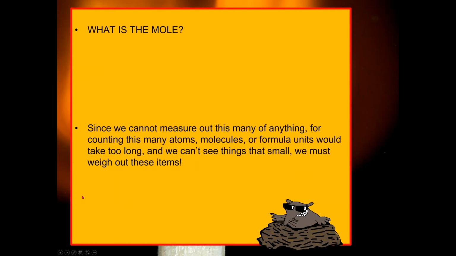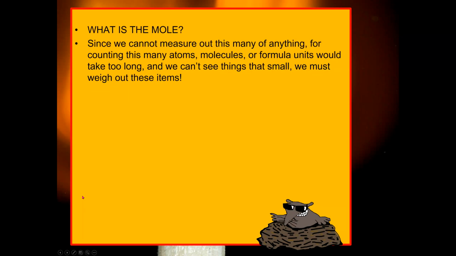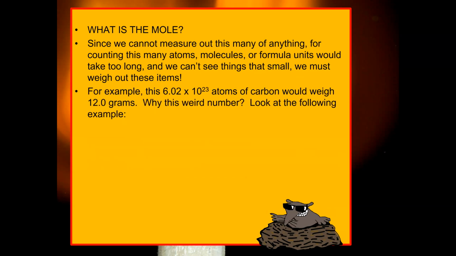So since we're not going to be able to actually measure out this many of anything, counting them would take too long, we weigh out our items. So if we look at carbon, a mole of carbon is going to weigh 12 grams. Well, why? Let's think about this.